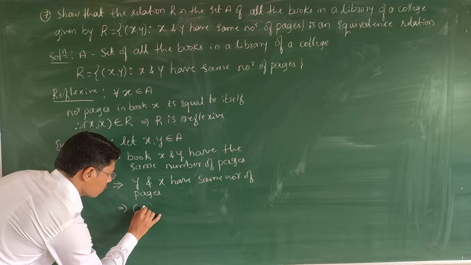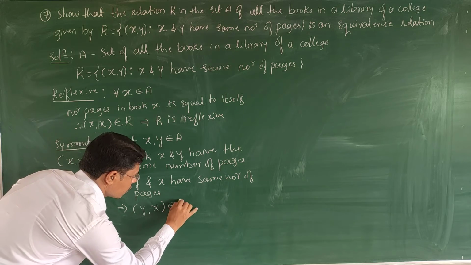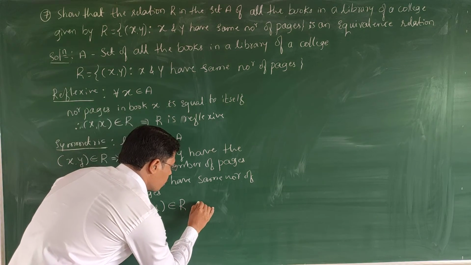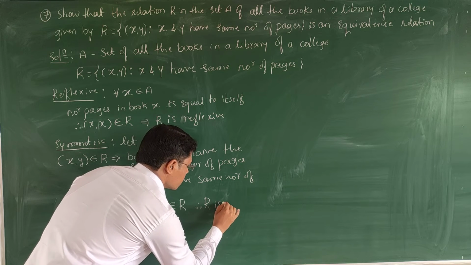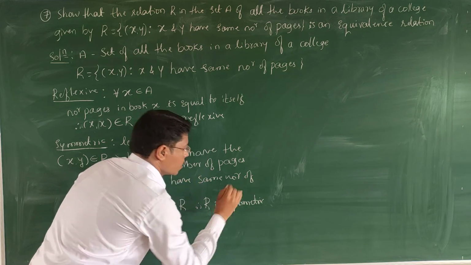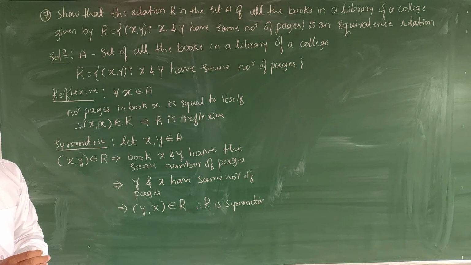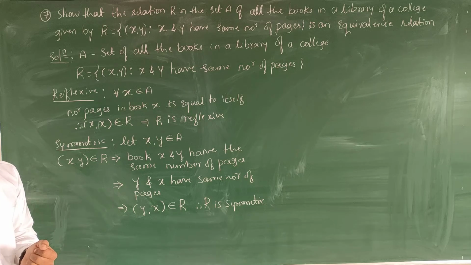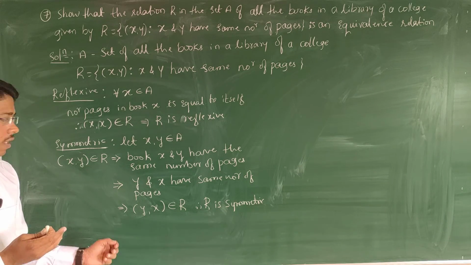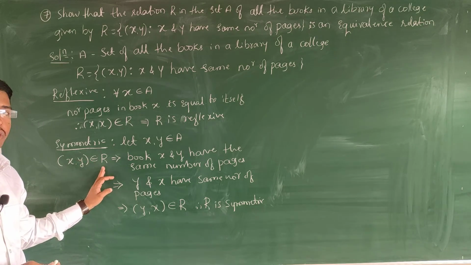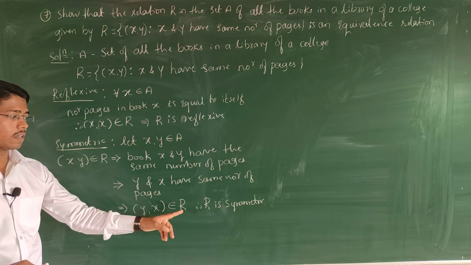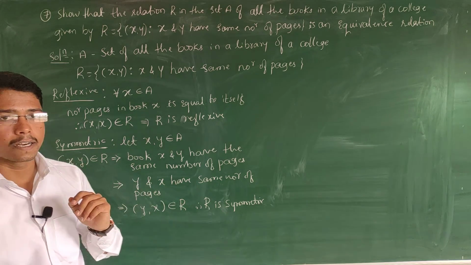It means Y, X belongs to the R. Therefore, R is symmetric. So if the pages of book X are equal to the pages of book Y, then the pages of book Y are equal to the pages of book X. That is, if X, Y belongs to the R, then Y, X belongs to the R. Therefore, this is a symmetric relation.